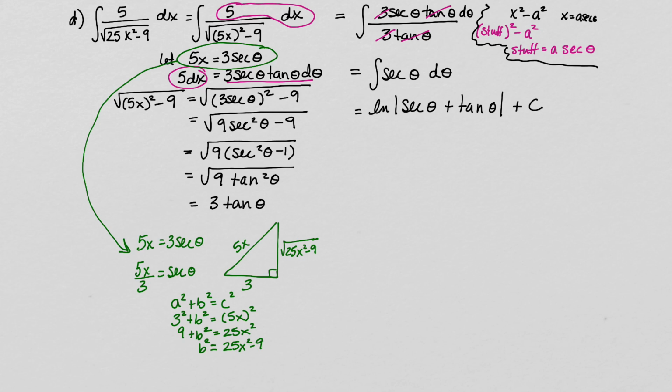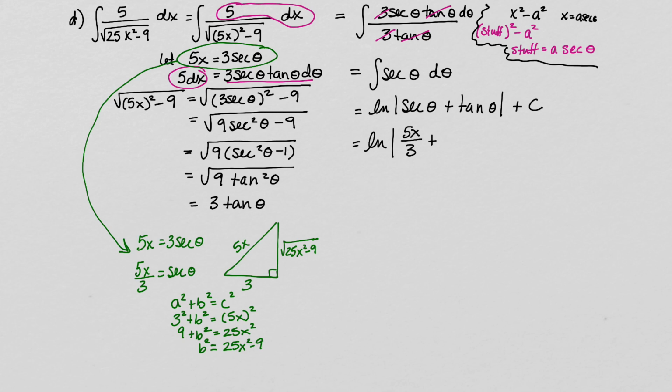We're not done yet because remember I have to go back to x's. But all I have to do is figure out, based on my triangle, what secant theta is and what tangent theta is. So this is going to be the natural log of the absolute value. Secant theta is 5x over 3.